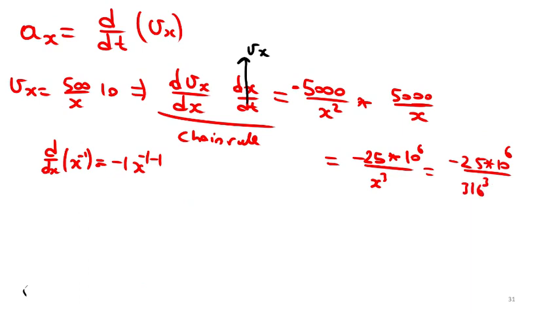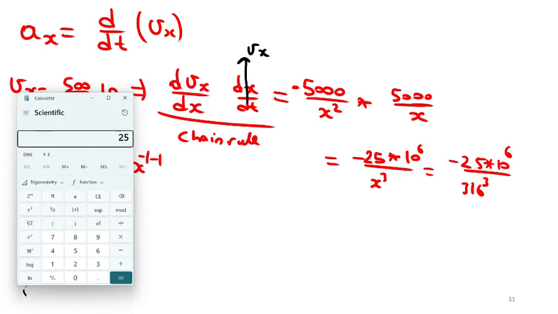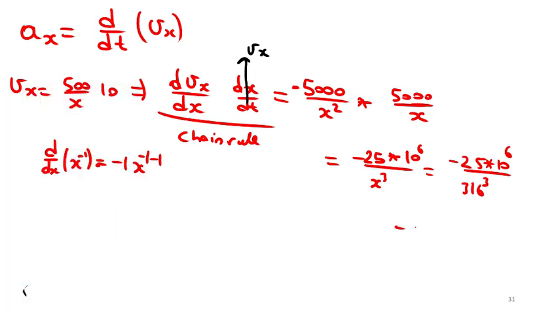Okay, let's solve it. 25, then you will have 1, 2, 3 zeros, divided by 316, divided by 316, divided by 316. Okay, so it will be negative 0.79 meters per second squared.